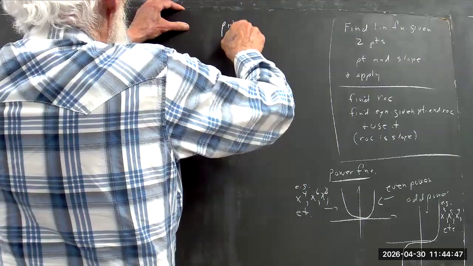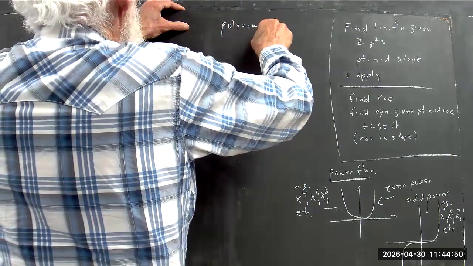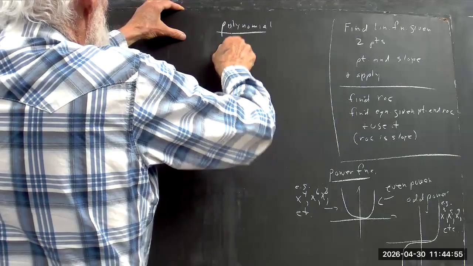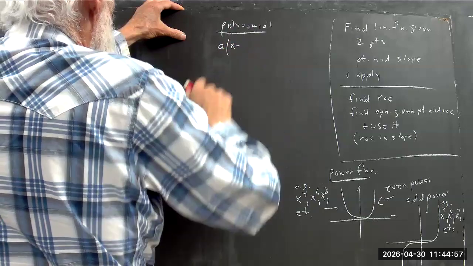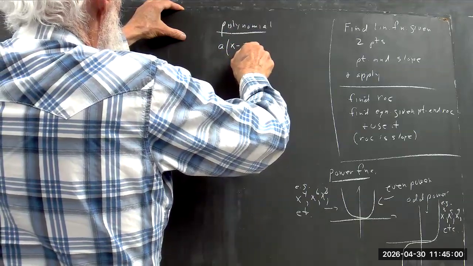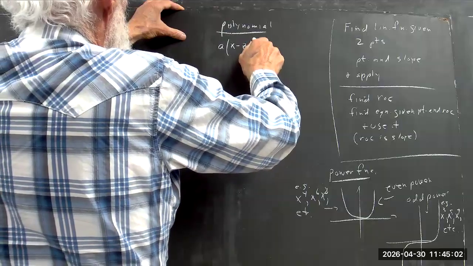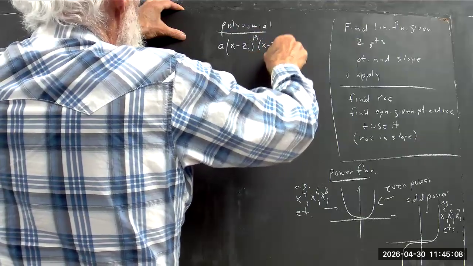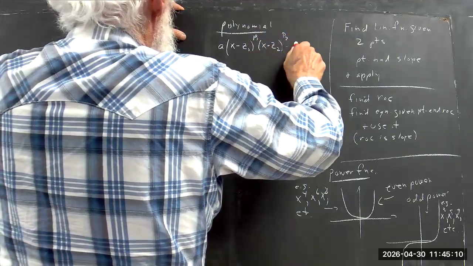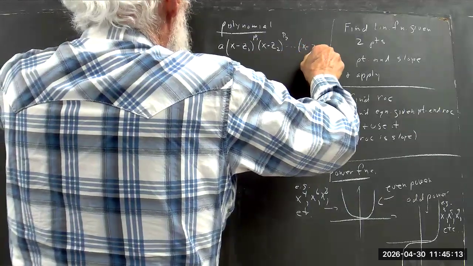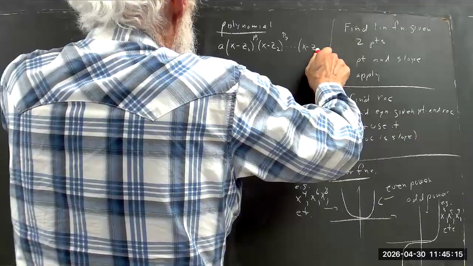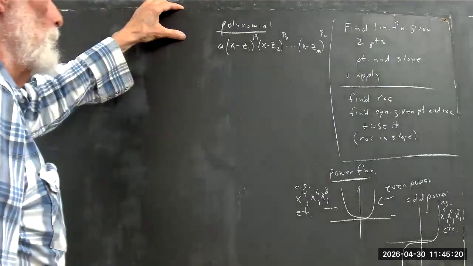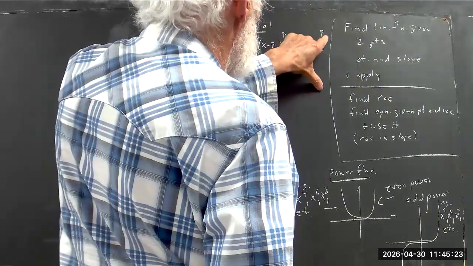Polynomial. Some number a times x minus z1 to the p1 times x minus z2 to the p2 times x minus z sub m to the p sub m, and actually I probably don't want to use n there.